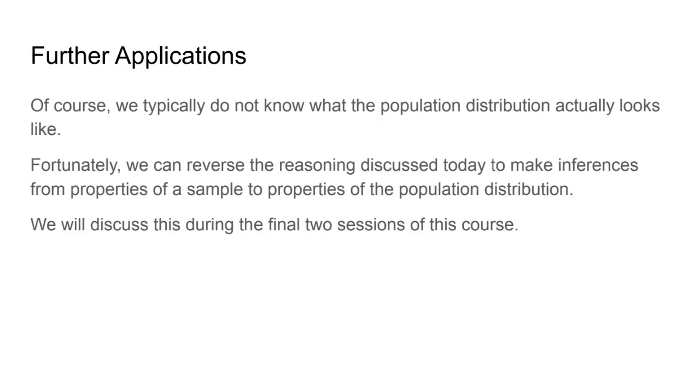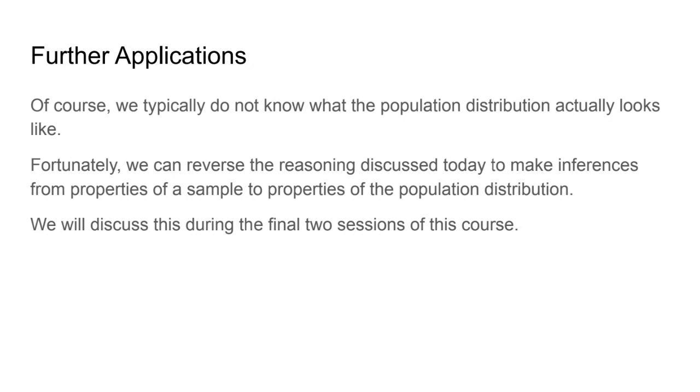Now, typically, of course, we do not know what the population distribution actually looks like. But fortunately, we can reverse the type of reasoning we did now. Today we mostly focused on how you can infer what a likely sample is going to look like based on your assumption about the population.